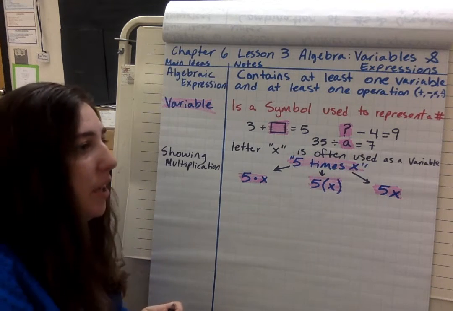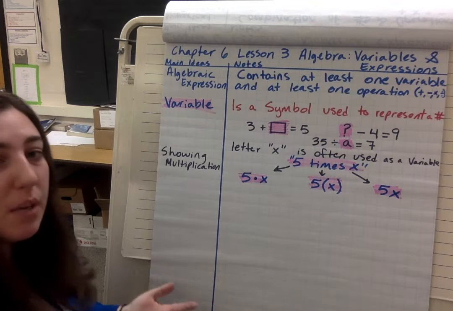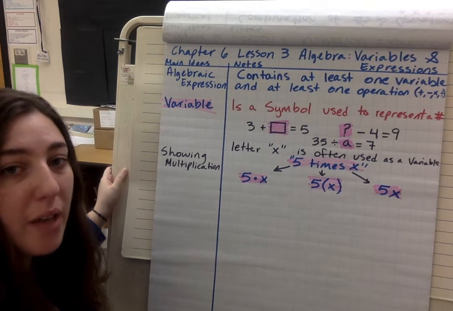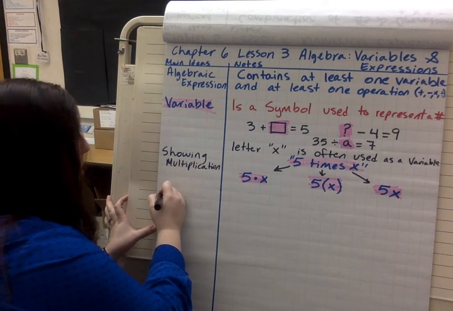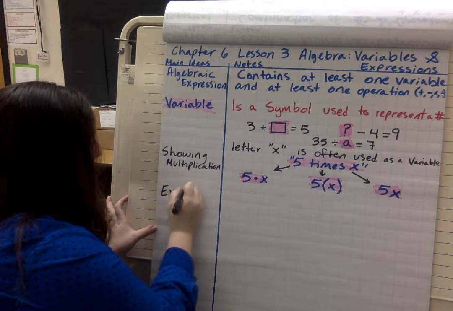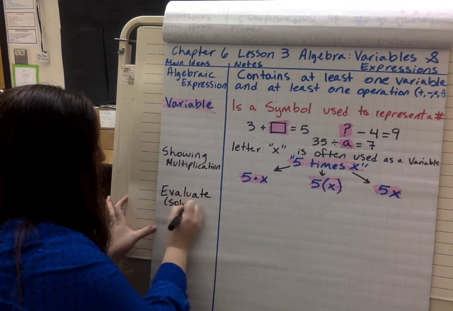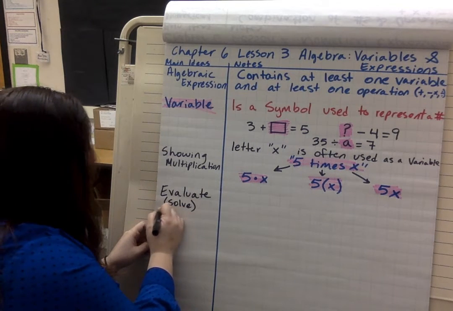Now the last thing that we need to do is show some examples of expressions that we are going to be solving. The word evaluate, I think we've talked about it before in class, just means to solve. I'm going to put solve in parentheses. So, evaluate expressions.